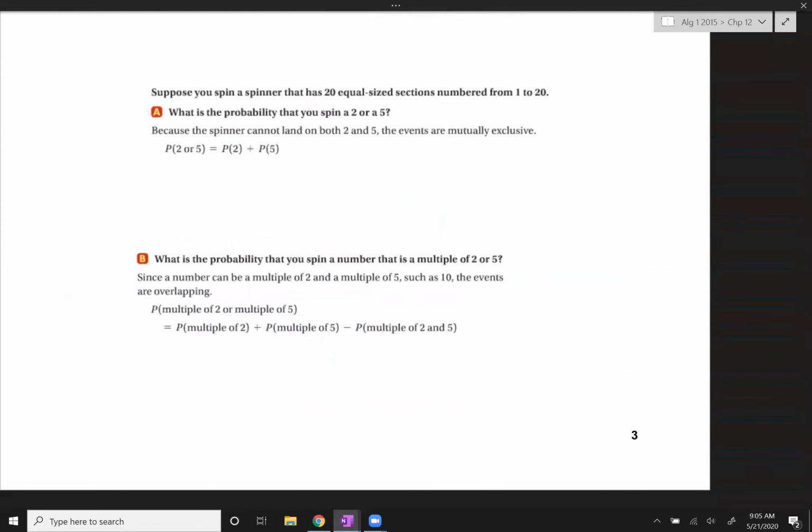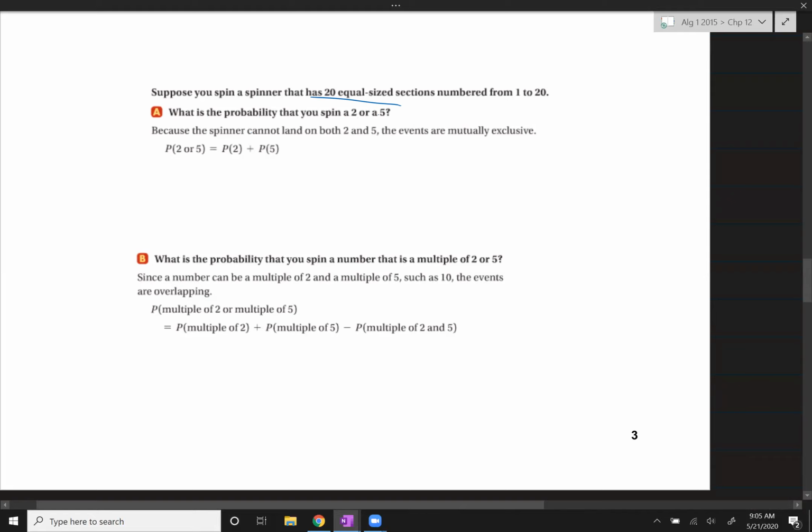All right, now we get to have a little more fun with it because we're going to talk about a spinner. It has 20 equal size sections, 1 to 20. The spinner cannot land on both 2 and 5, so the events are mutually exclusive. What's the probability that you spin a 2 or a 5?